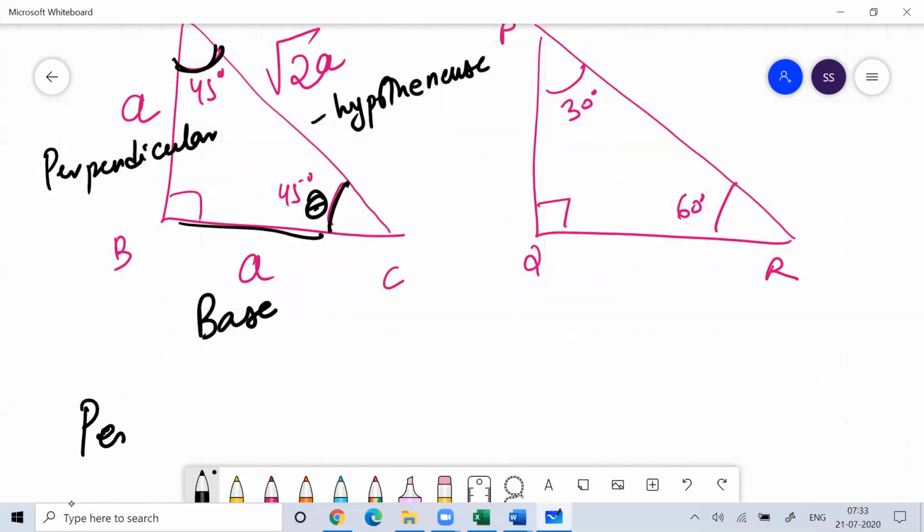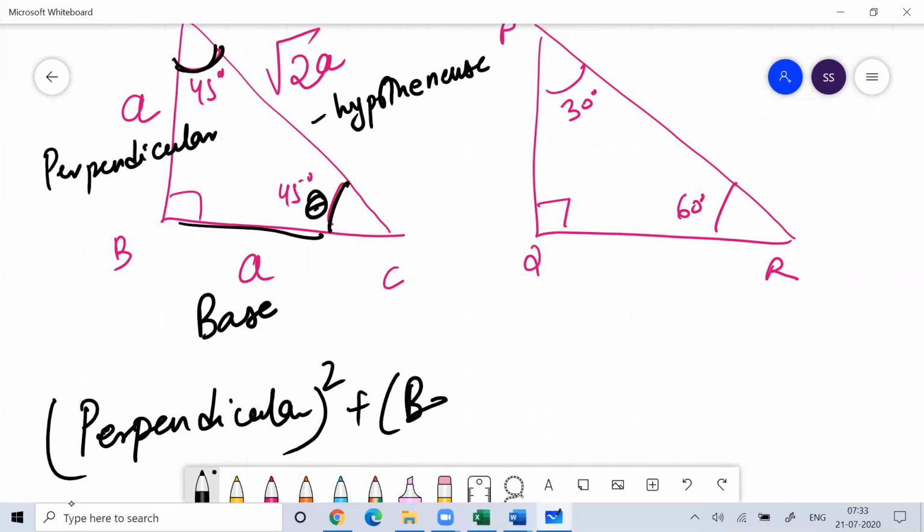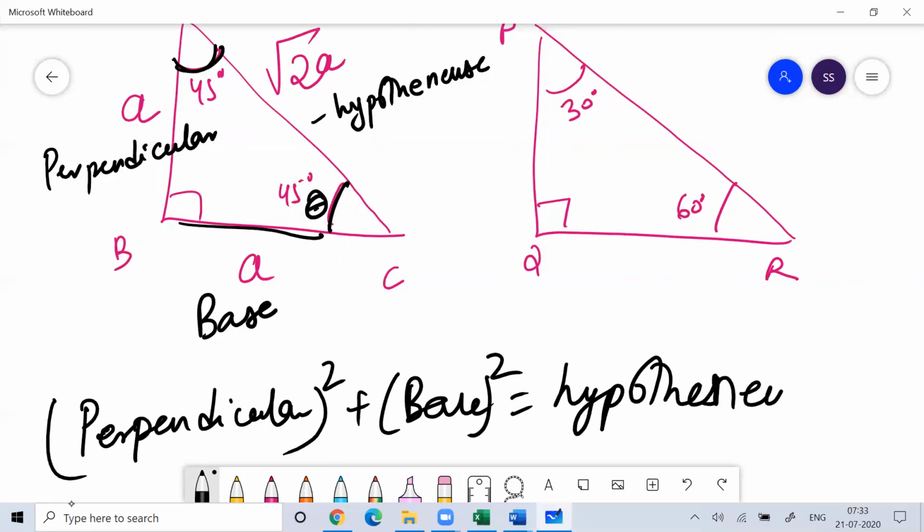So the very common terminology is: the square of the perpendicular plus the square of the base will be equal to the square of the hypotenuse. This is called the Pythagoras theorem.